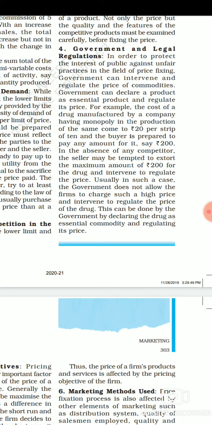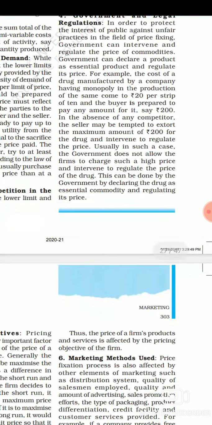If a government is going to intervene for regulating the price of a commodity, it also affects what can be the price, because if government will be intervening for essential commodities, these are certain products where the producer cannot charge high prices, right? So it is completely depending on the intervention of the government also, what charges or how much prices they are allowing for particular goods.